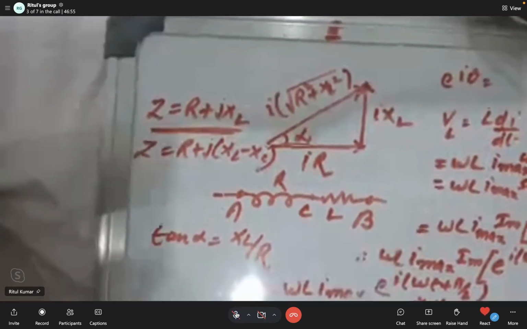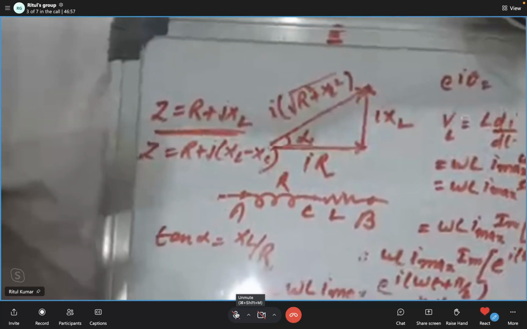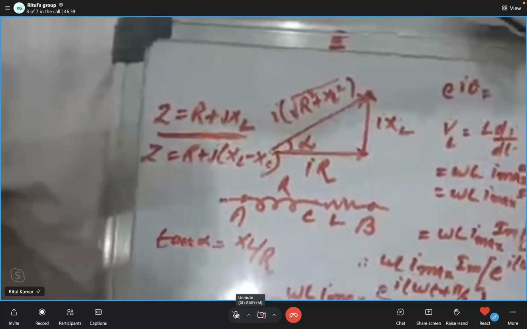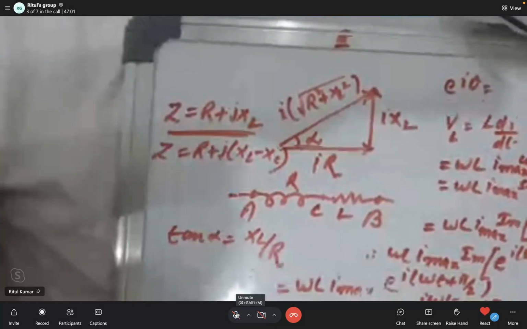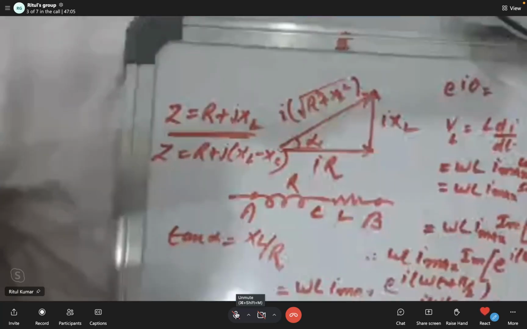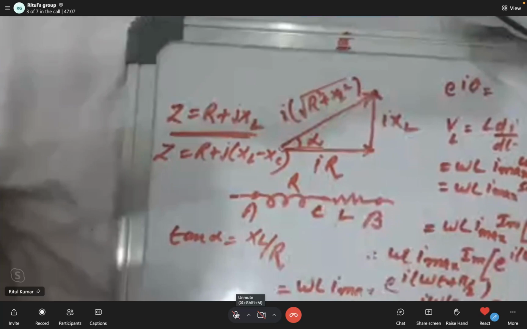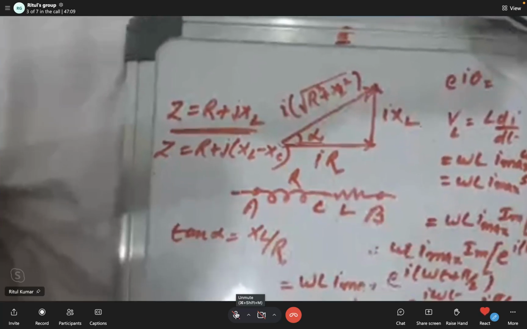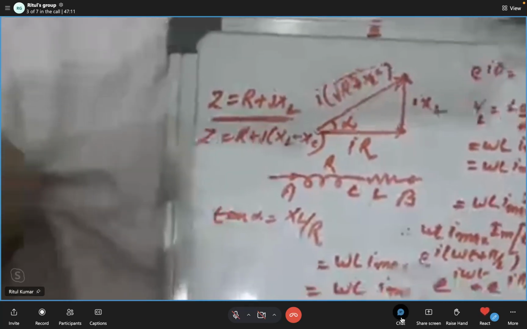Okay. Then, what do we do, sir, over there? When we write omega t plus phi, that's the phase basically. See, there are more cases than one.